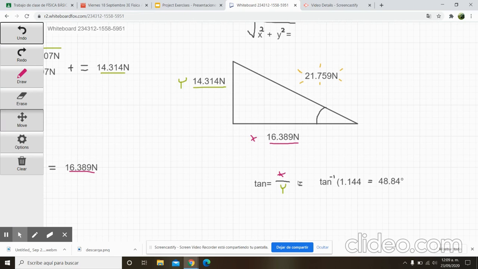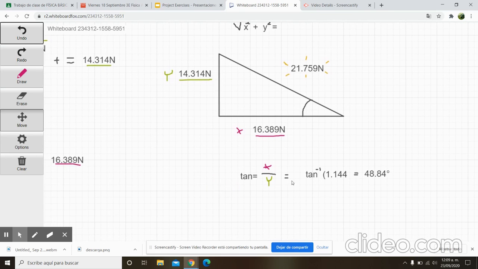We divide it, and that result is going to be 1.144, and that result we need to transform with inverse tangent. So we type in the calculator the inverse tangent of 1.144, and the result is going to be the final angle.